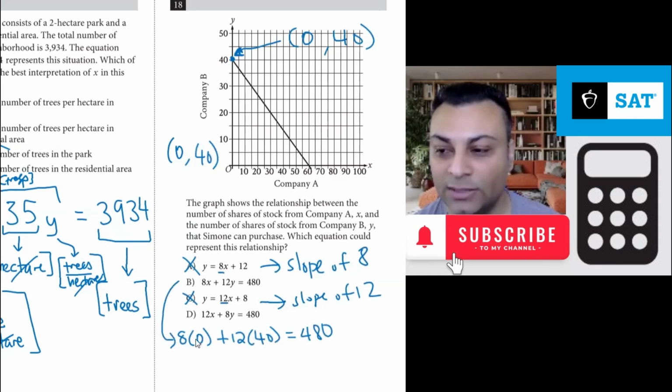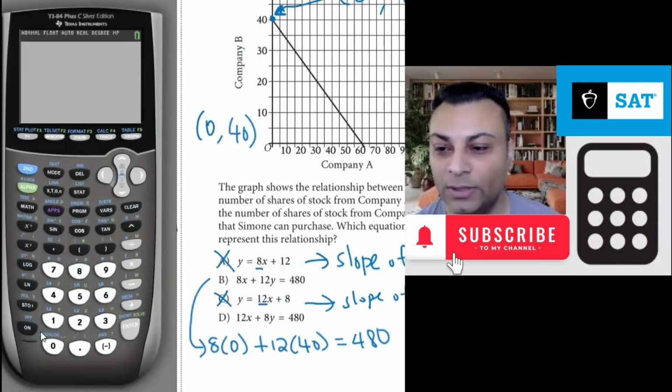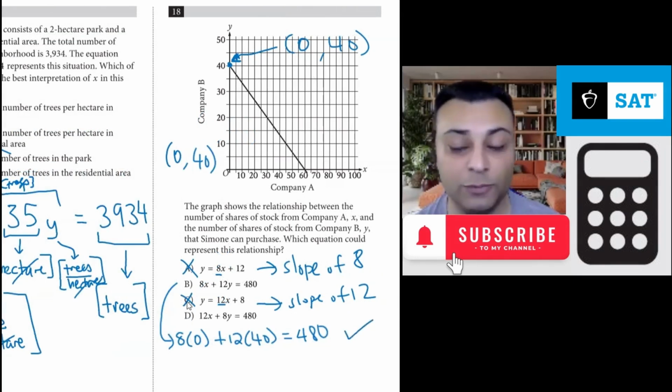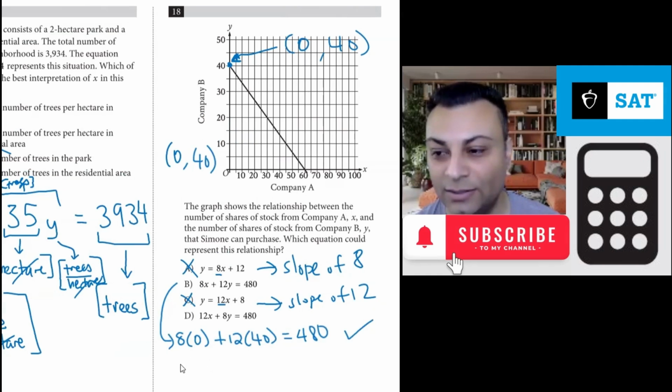This is 0 plus 12 times 40. Let's use the calculator because you can use a calculator, so always good to use it. 8 times 0 plus 12 times 40. It's 480. Okay. That is correct. That works. So it should be B, but let's take a look at D. Let's use 12 times 0 plus 8 times 40.